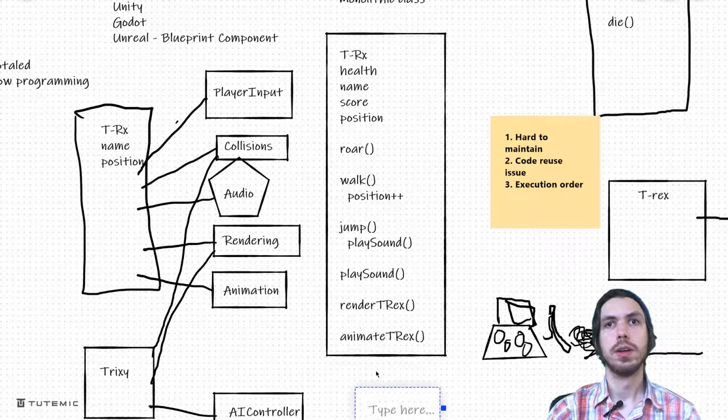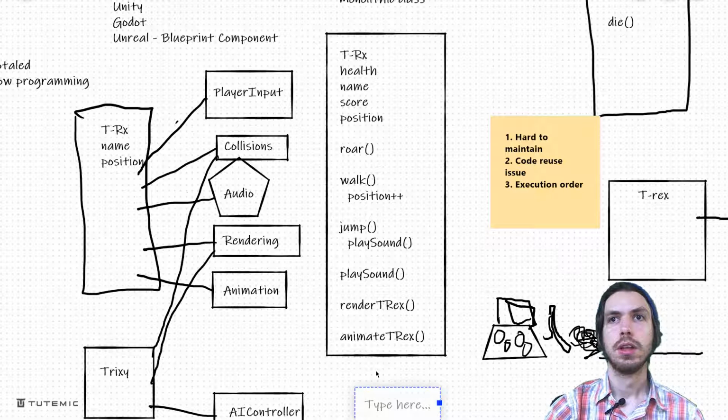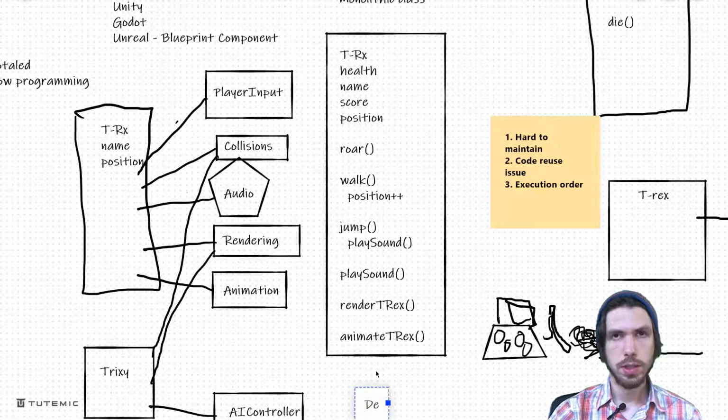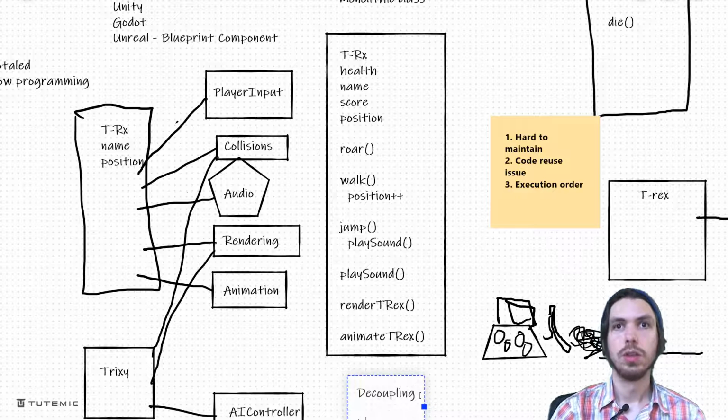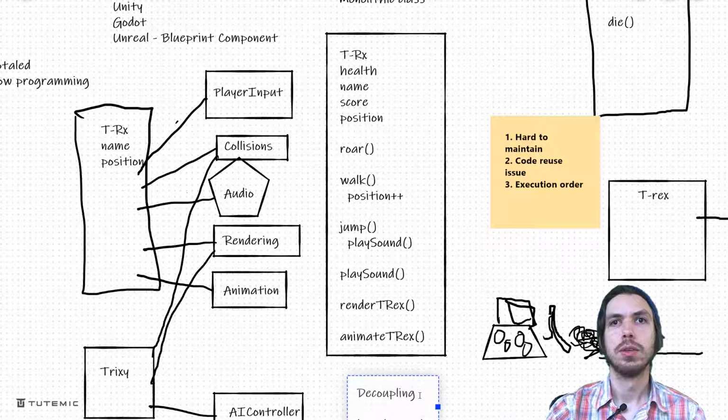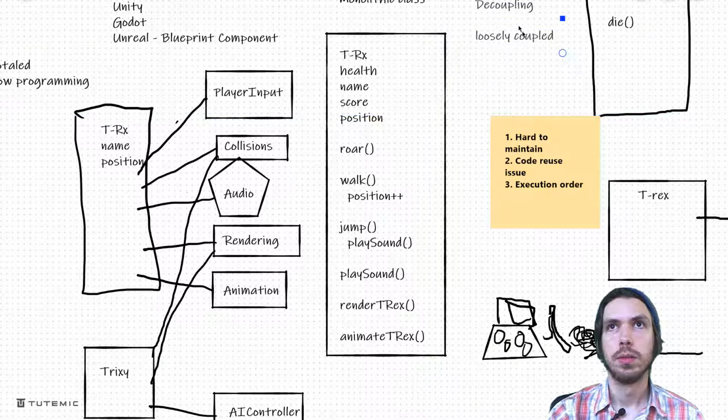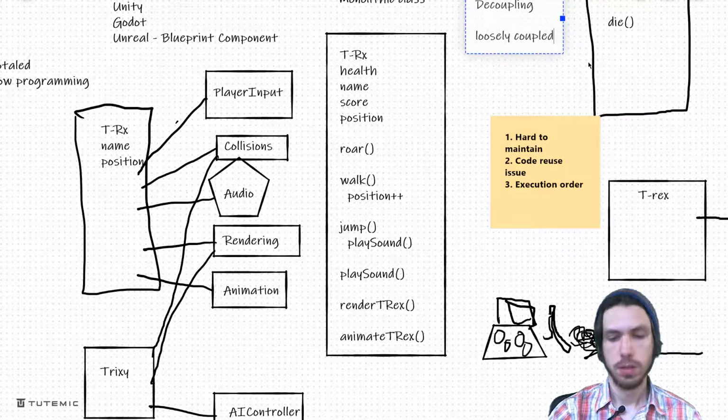So the takeaway is that decoupling is what we're trying to do. We want things to be loosely coupled. Oops, you can't see this, can you? We want things to be loosely coupled.